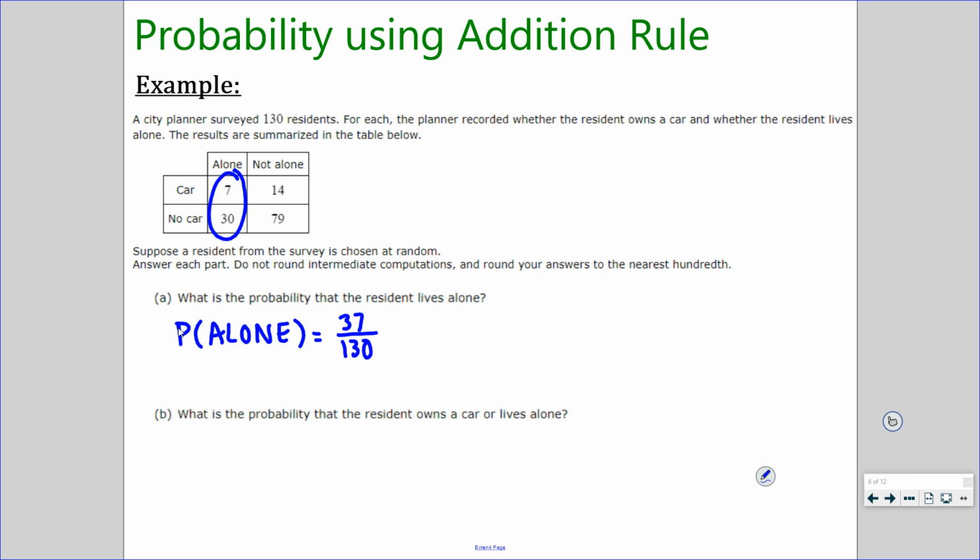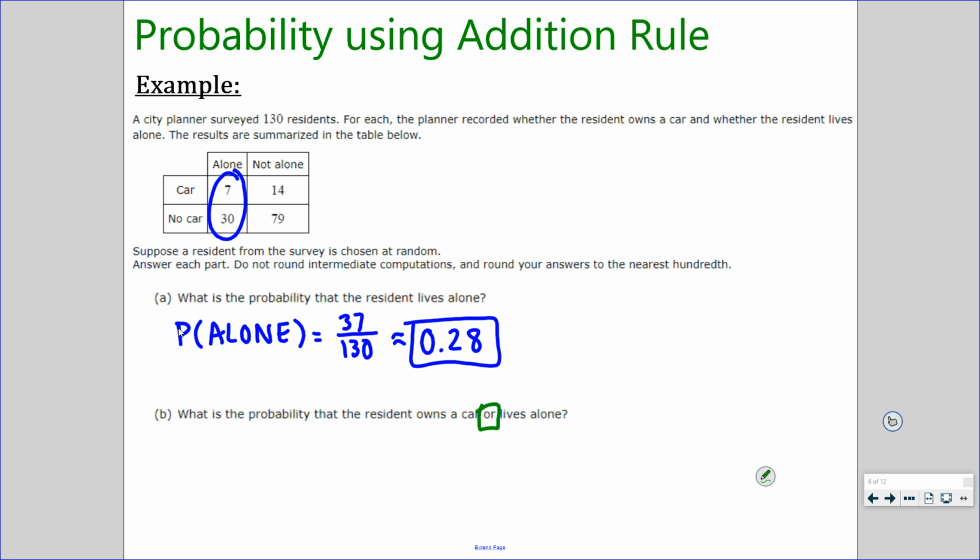Okay, that as a decimal, my friends, is 0.28. Pretty straightforward.